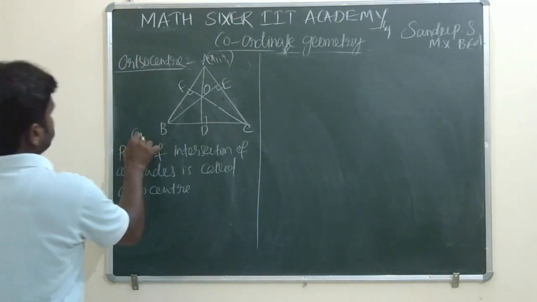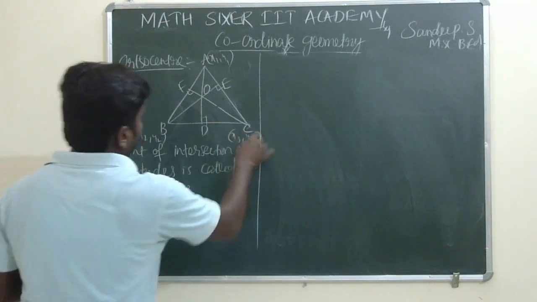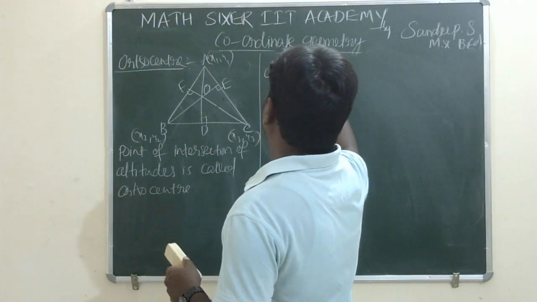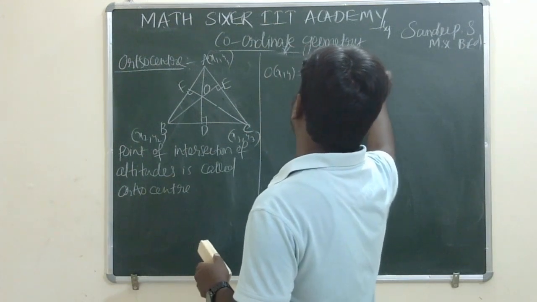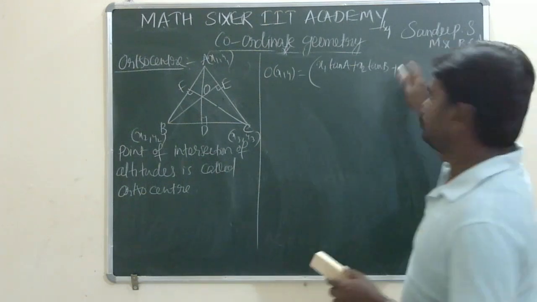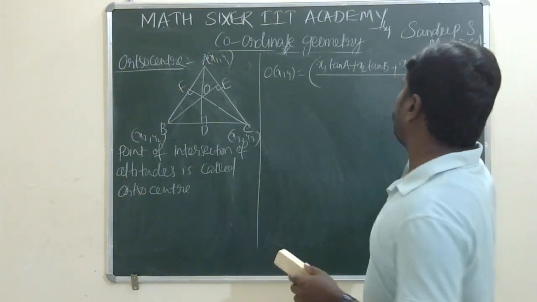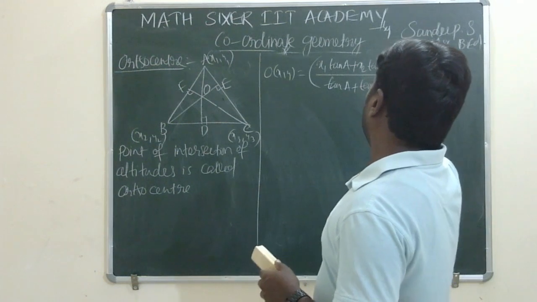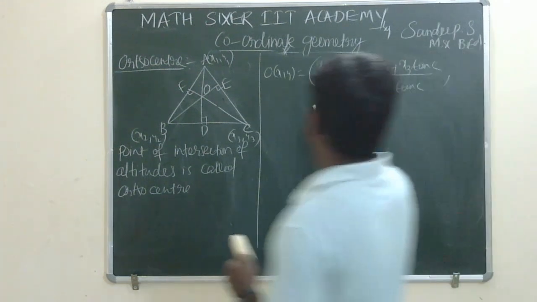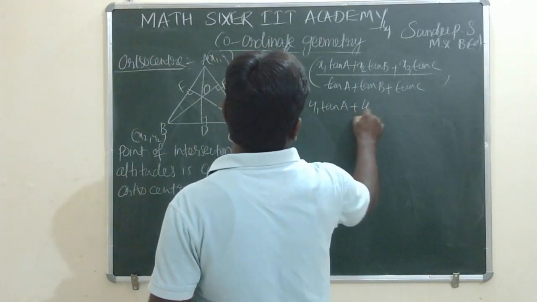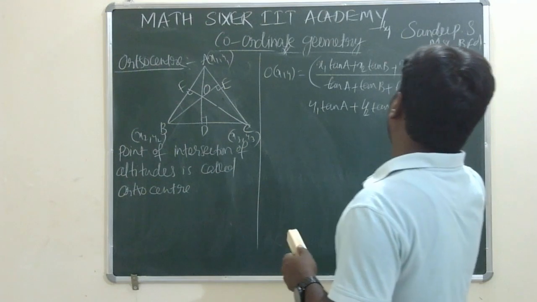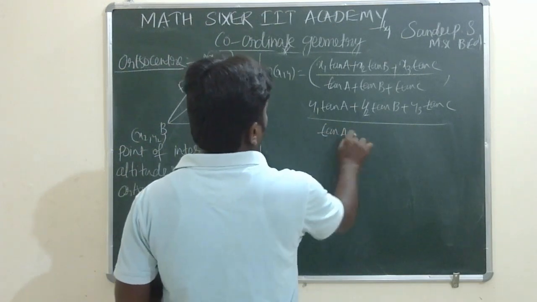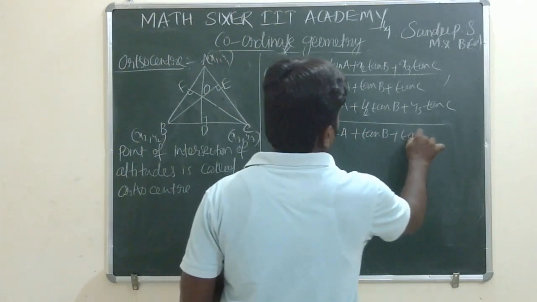A is x1, y1, B is x2, y2, and C is x3, y3. So the orthocenter H(x, y) is equal to (x1 tan A plus x2 tan B plus x3 tan C) divided by (tan A plus tan B plus tan C), comma, (y1 tan A plus y2 tan B plus y3 tan C) divided by (tan A plus tan B plus tan C).